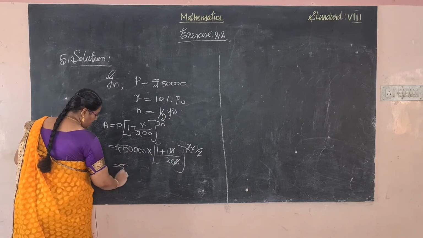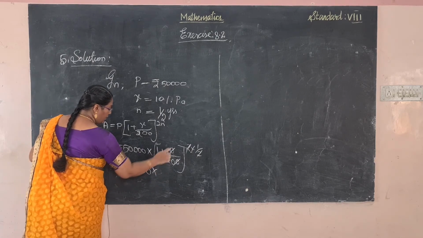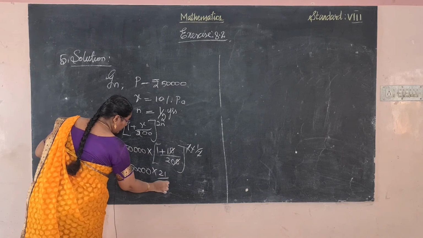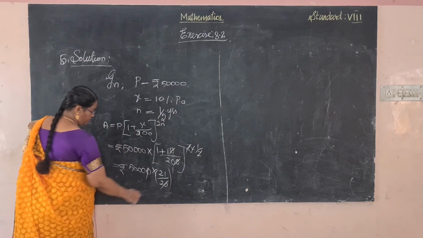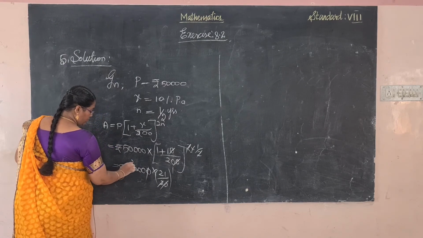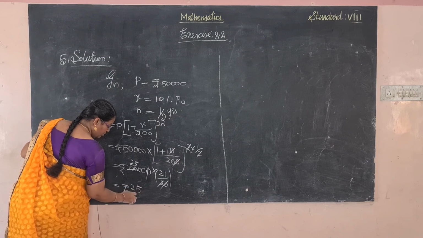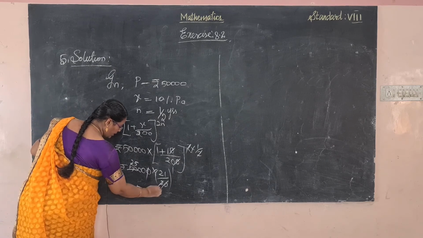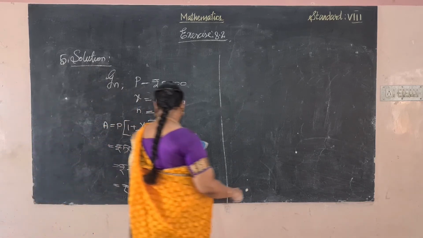So rupees 50,000 into 20 plus 1, 21 by 20, the whole power 1. So rupees 2,500 into 21.